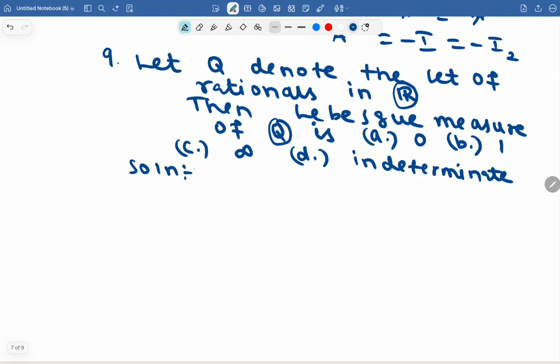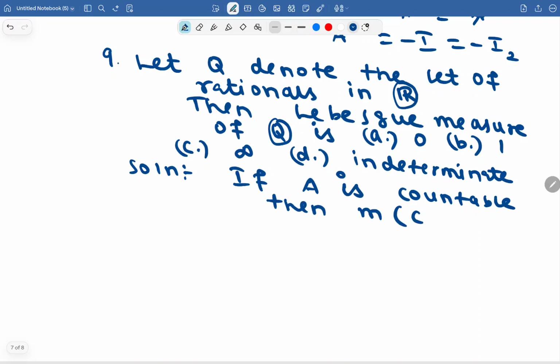Solution: well-known result from measure theory, if A is countable, then measure of countable is 0.